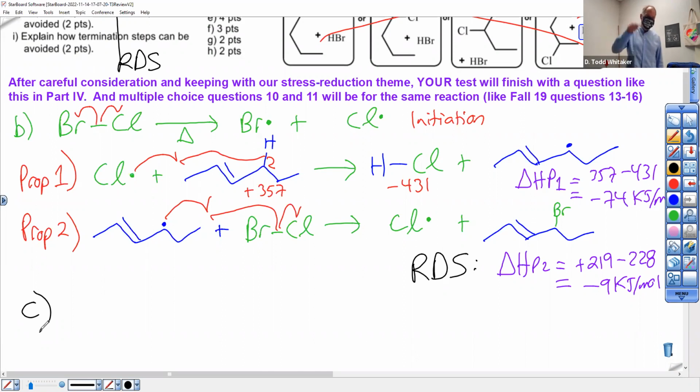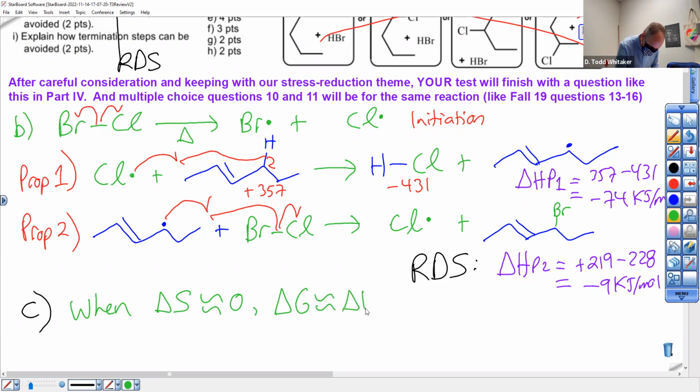So you say when delta S equals 0. You got to say that, or else you're throwing away a point. And then the next point's real easy. When that's true, delta G is roughly equal to delta H. You got another point right there. You haven't even made a sentence, and you got 2 points.